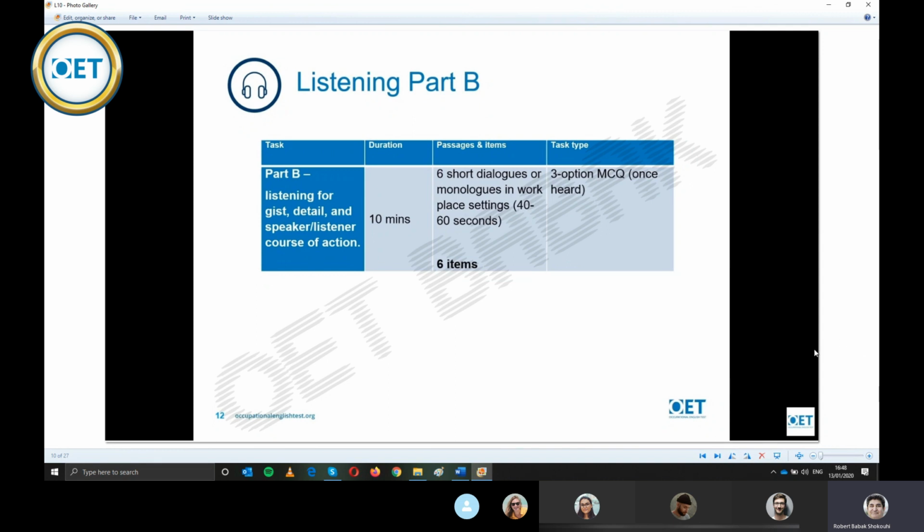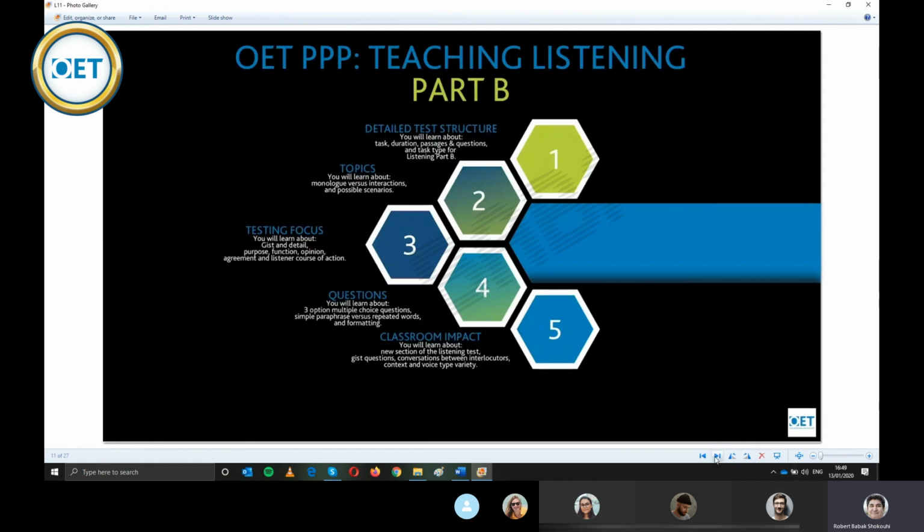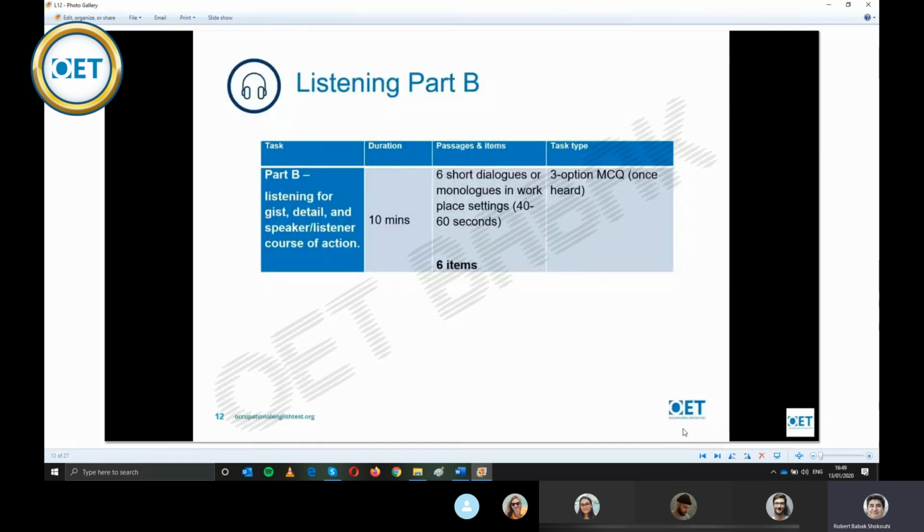So in Part B there are 6 items. Usually there are more gist questions and also detail or course of action, and just 6 short dialogues or monologues. This is something fairly new because it was added just a couple of years ago.